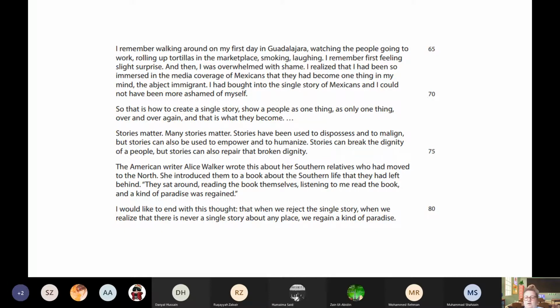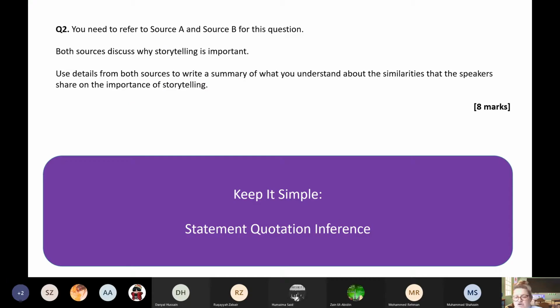So the first thing that you might notice from reading these two texts is that they are much longer than the one text that you have to read in paper one. And that's why I think it's really important that you read both of these texts thoroughly before you do any of the questions, because there's a lot more text that you have to be able to wade through to find the answers.